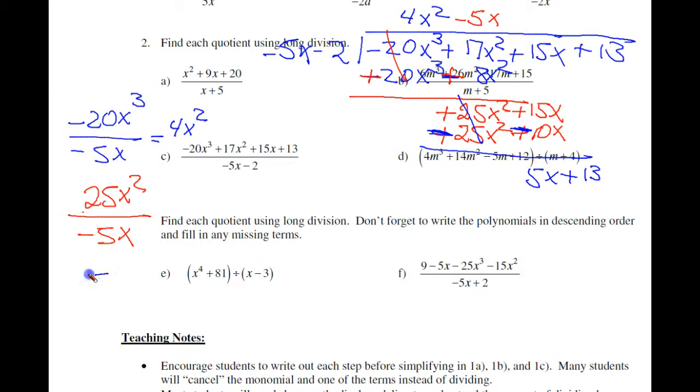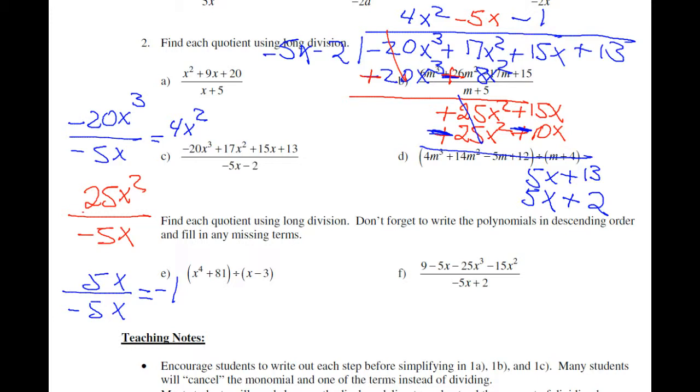And again, 5x divided by a negative 5x gives me a negative 1. So I need a negative 1 here. Now, negative 5x times a negative 1 gives me a positive 5x. A negative 2 times a negative 1 gives me a positive 2.